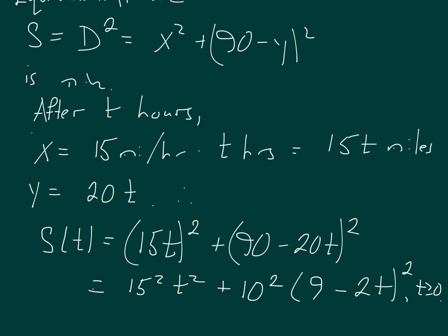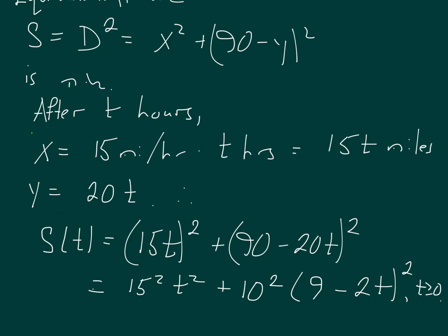All right, so now what have we done? We've expressed S, the quantity that we're trying to minimize, in terms of a single variable t. With t greater than or equal to 0, we can now attempt to use calculus to find when this function of t time takes a minimum value.